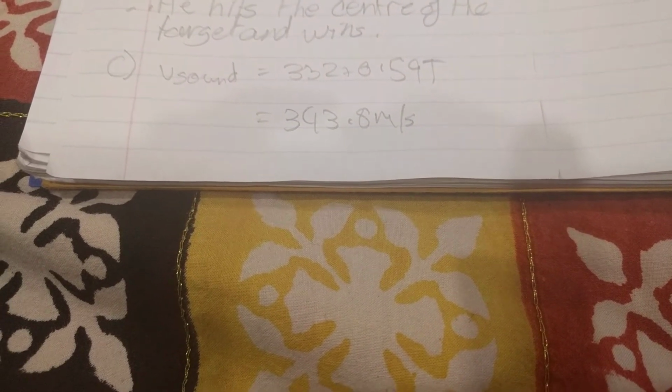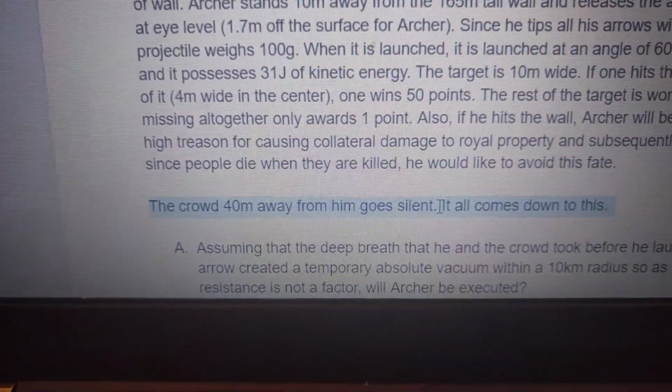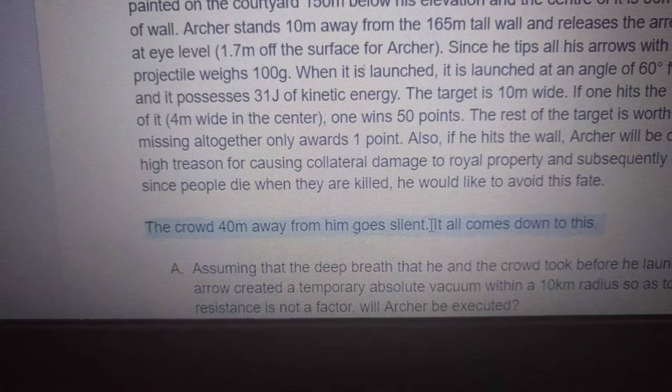So substituting 20 in, we get 343.8 meters per second, and now we can use this to work out time if we know what the displacement is as well, obviously. And we can find out displacement because it says what it is in the penultimate sentence of the question itself. As you can see near the bottom, it's the final line.